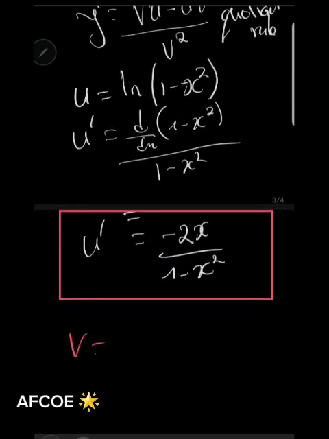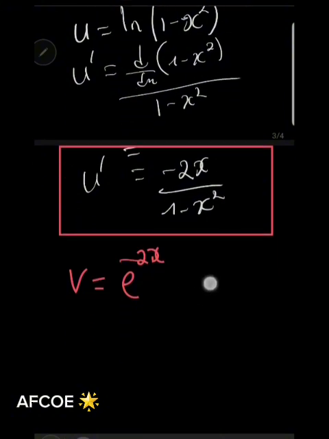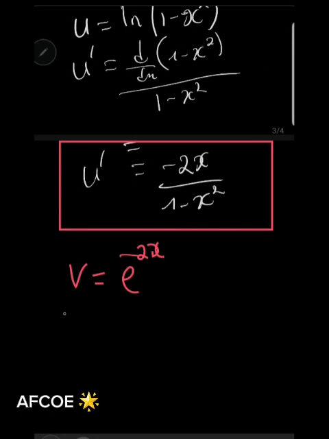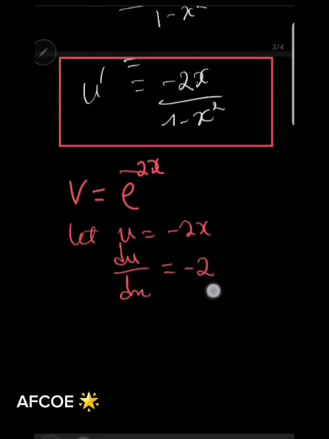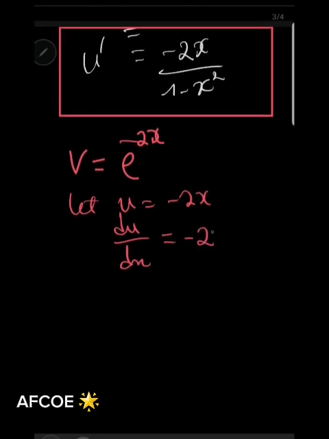Our v is equal to e to the negative 2x. Now to find the derivative, I'll do the same thing like the chain rule. I'll say let u equal negative 2x, then du on dx will be equal to negative 2. Correct. So the derivative of negative 2x is just negative 2.